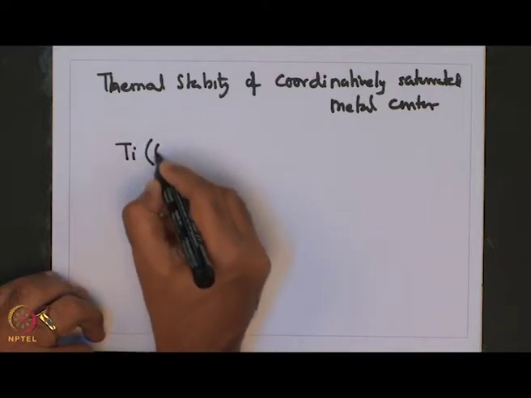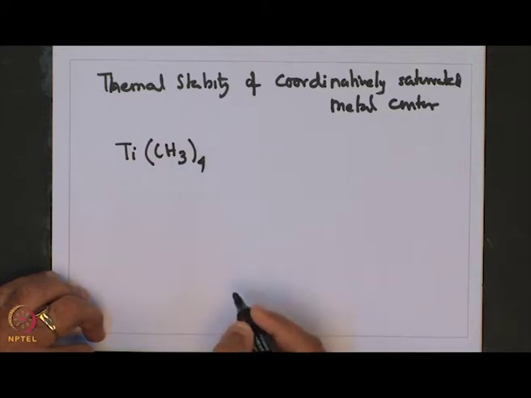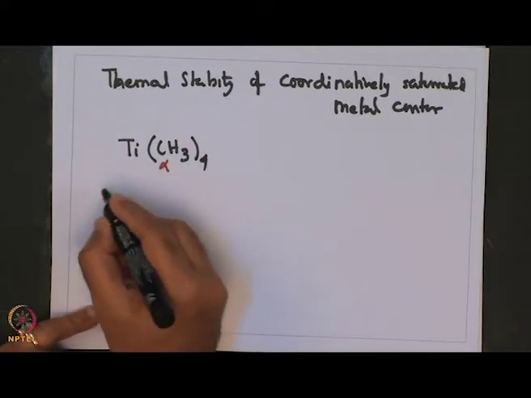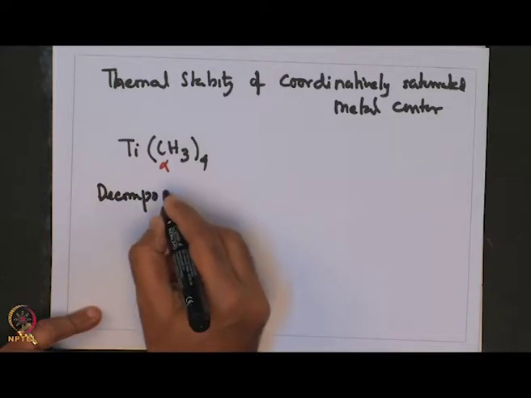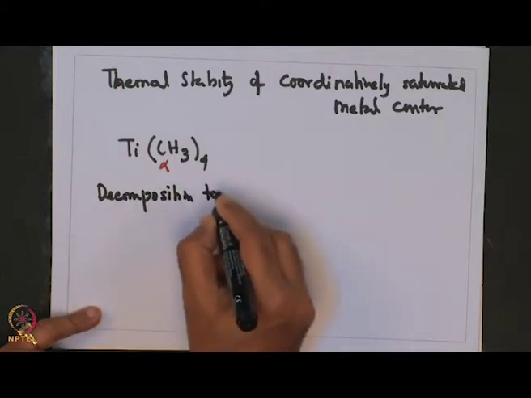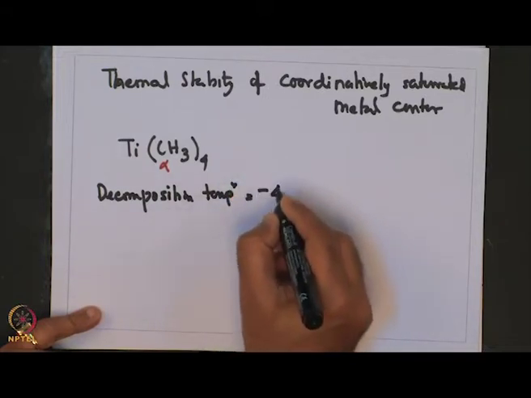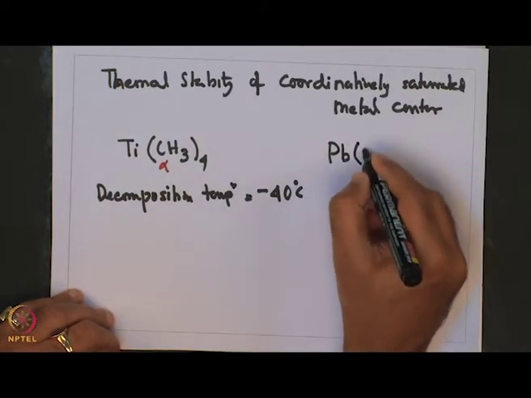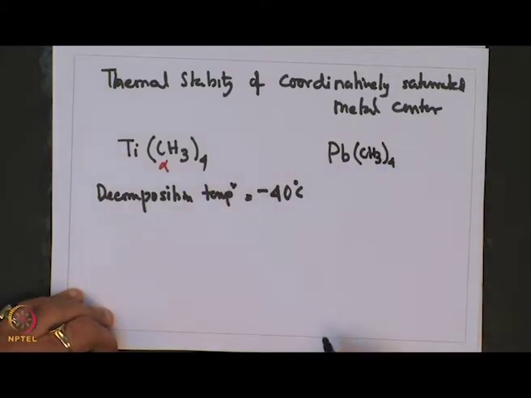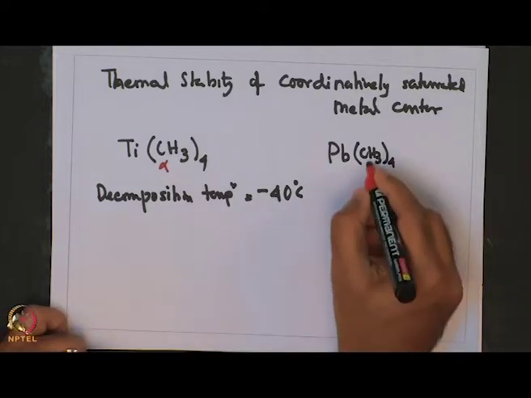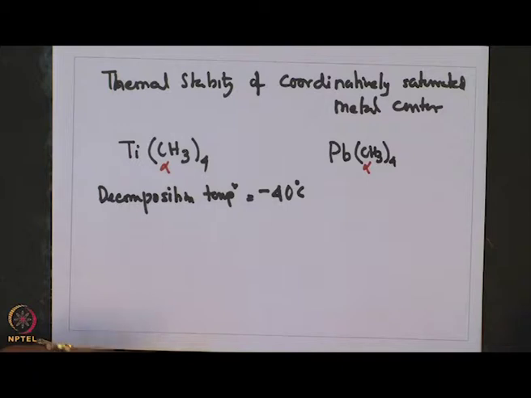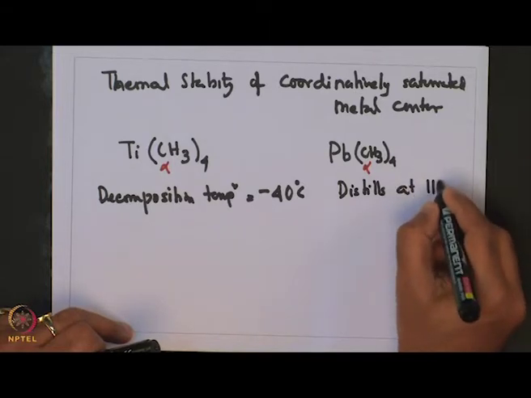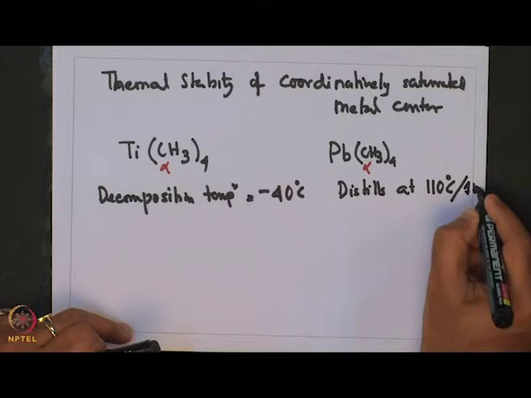For example, titanium tetramethyl, which does not have a beta hydrogen, decomposes at minus 40 degree centigrade, whereas the corresponding lead tetramethyl, which is a main group sigma alkyl metal complex that also does not have a beta hydrogen, only has alpha hydrogen, distills at 110 degree centigrade at 1 bar pressure.